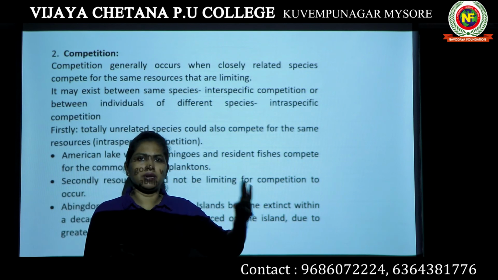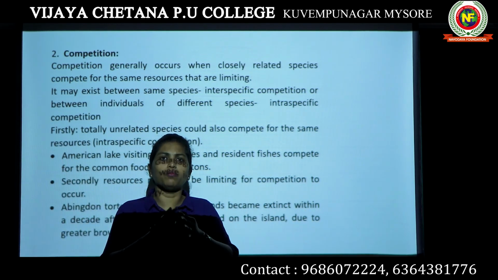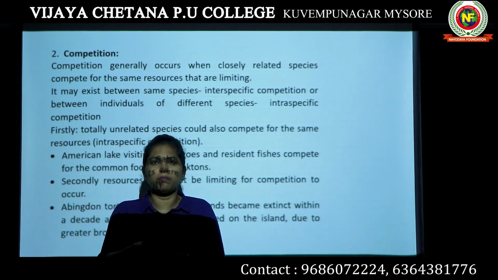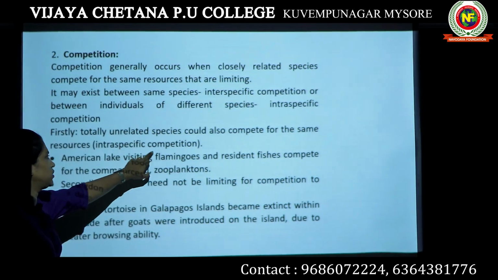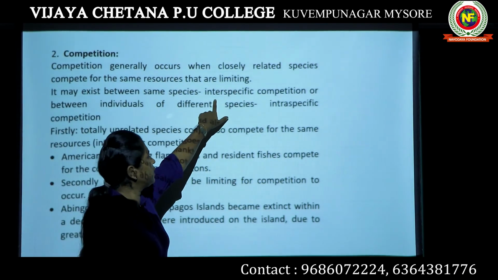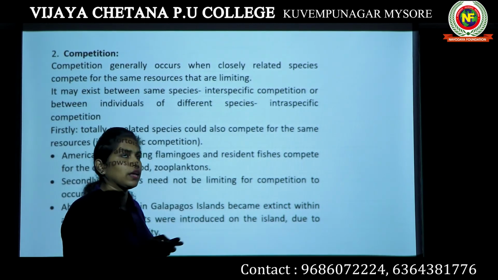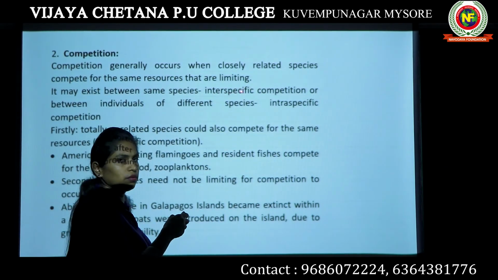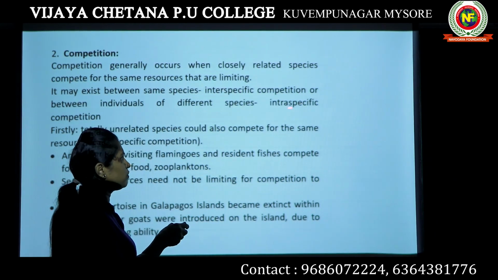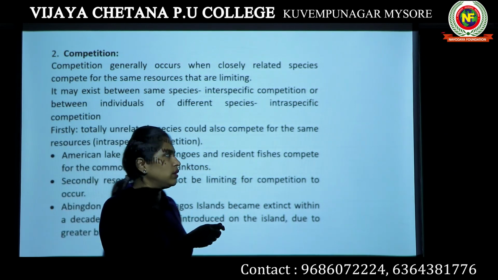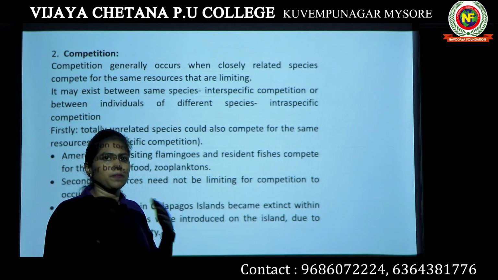Whereas a hyena is a completely different species from a lion. They both also can fight for one particular resource. That also can be considered interspecific competition. So intraspecific competition means a tiger competing with a tiger. Interspecific means when a tiger fights with a lion. Here there is another type of interspecific, where a hyena can fight with a lion.